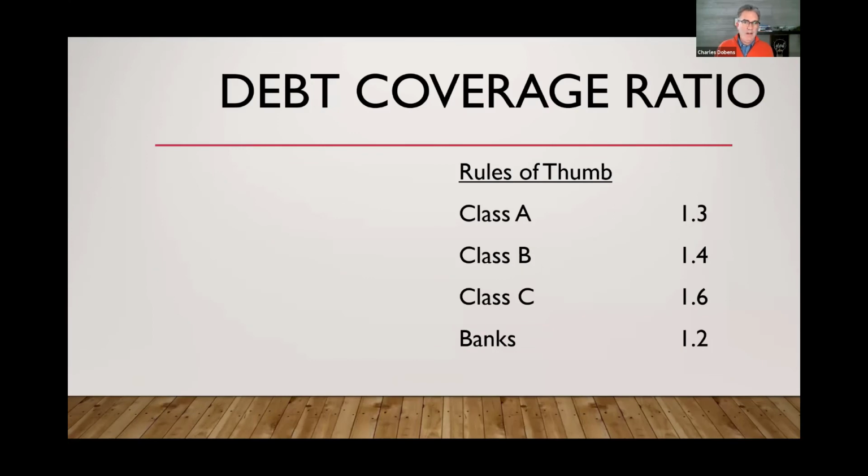That you have a higher debt coverage ratio means you have a lower quality customer. But always keep in mind that the bank will lend you money if your numbers pencil out at a 1.2 debt coverage ratio. I know there are tons of gurus out there that teach 1.2. I'm telling you right now, don't fall for it. Don't buy a C-class property with a 1.2 debt coverage ratio.